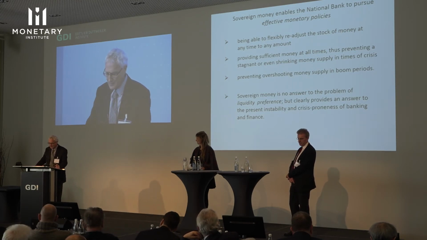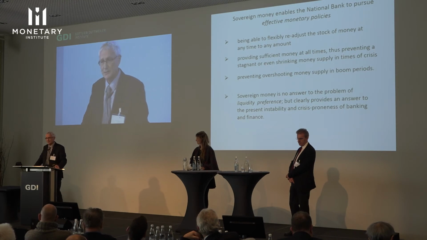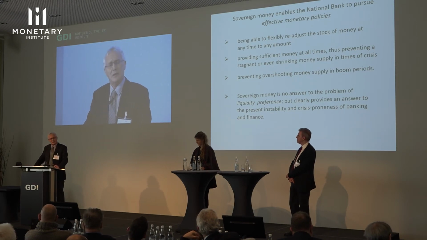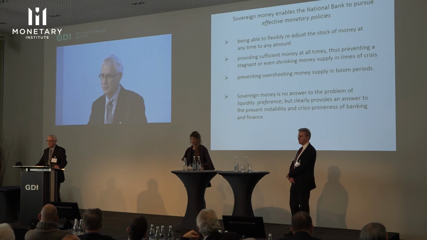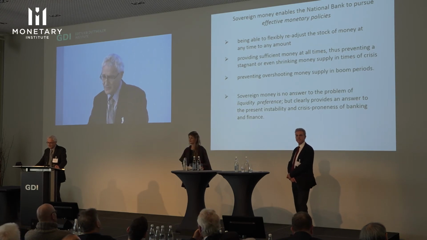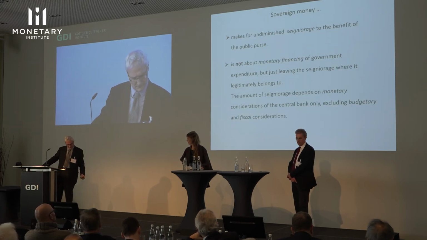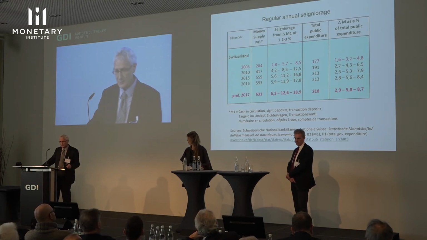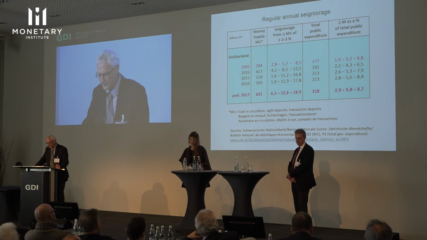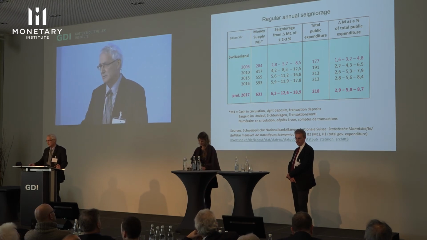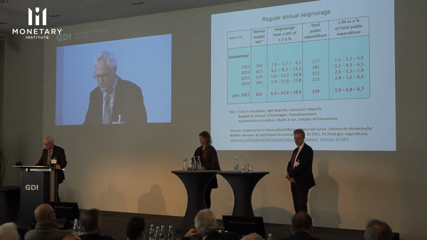A last aspect, which has already been touched upon, is seigniorage. Sovereign money would make for undiminished seigniorage to the benefit of the public purse, or for a citizen's dividend, or for whatsoever.